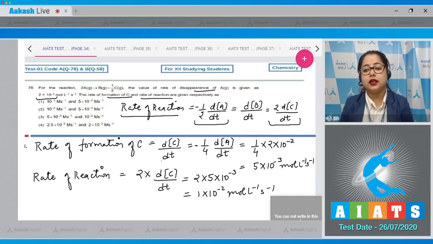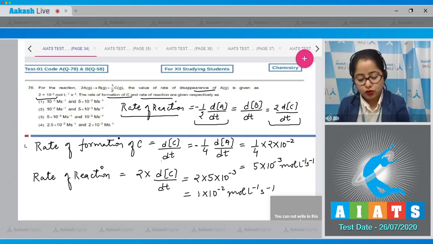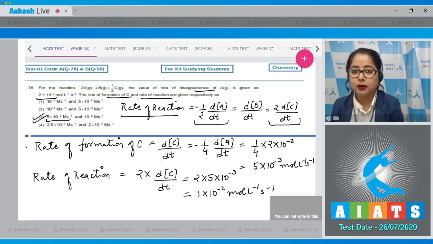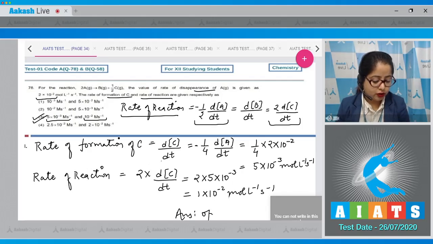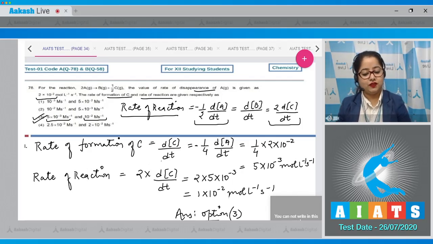That means the correct answer for this question is option number 3. The rate of formation of C is 5 into 10 to the power minus 3 and the rate of reaction is 10 raised to the power minus 2 mole per liter per second, that is molar per second. So the correct answer for this question is option 3. Moving to next question, students, which is question number 79.